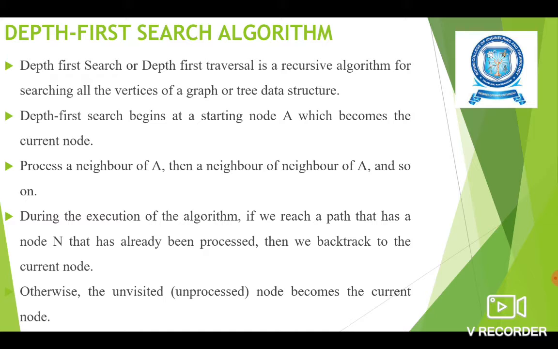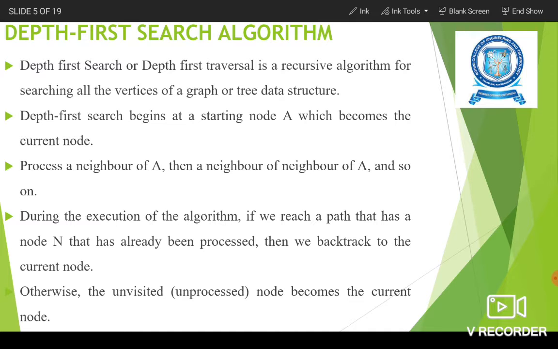What is depth first search algorithm? Okay, so it is a recursive algorithm. It is used to search all the vertices of a graph or all the vertices of a tree data structure. So how this algorithm works means it begins with the starting node A, and this A becomes the current node.